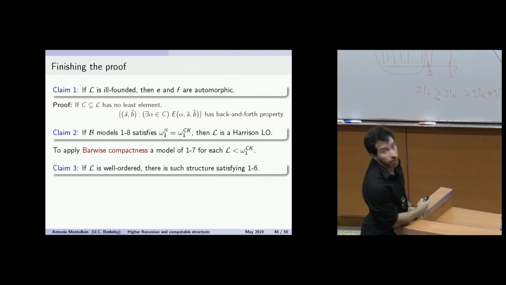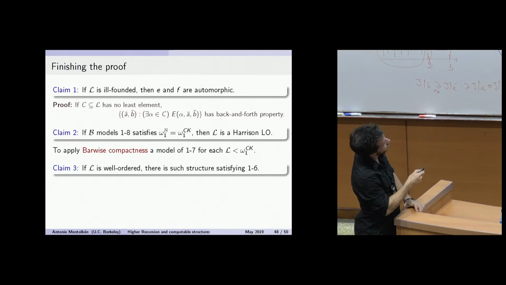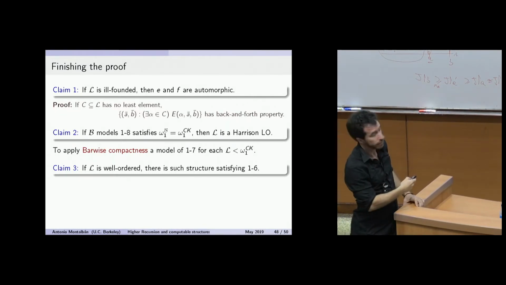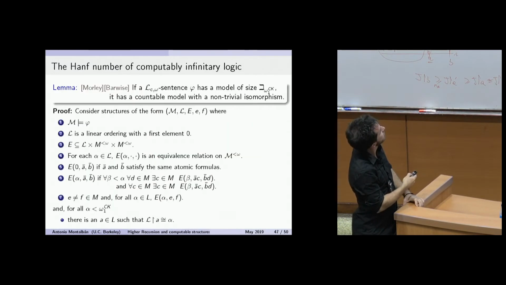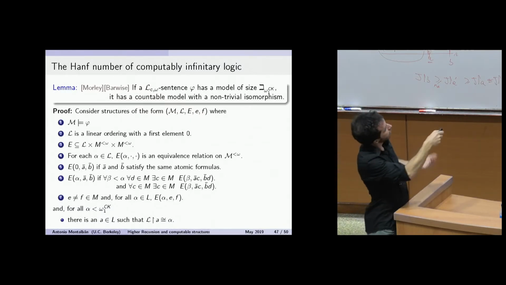Okay. So how do we do that? If L is well ordered, then there is a structure satisfying all these things, 1 to 6, because each equivalence relation is defined by transfinite recursion using the previous equivalence relations, beta below alpha.